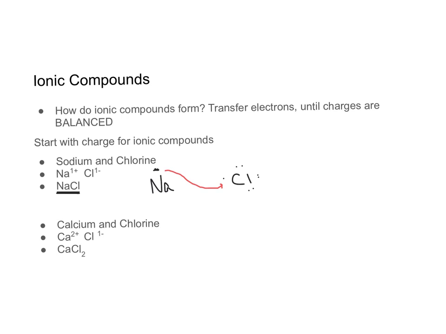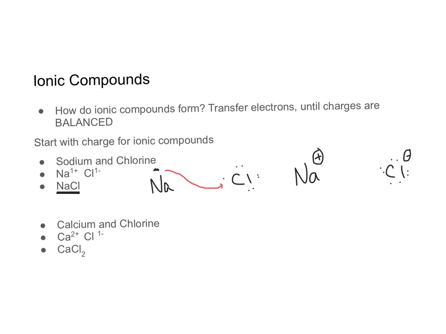Right, so if we were going to show this, what happens now, our sodium, again, lost a negative charge, which is a positive charge, and our chlorine now has its full outer shell, but it has a negative charge. It forms a -1 ion because it gained that one electron. Well, now we have a positive charge and a negative charge on these atoms. That's their net charges.